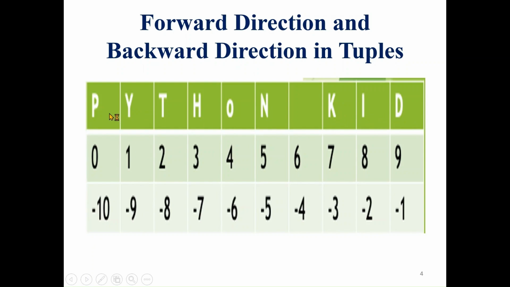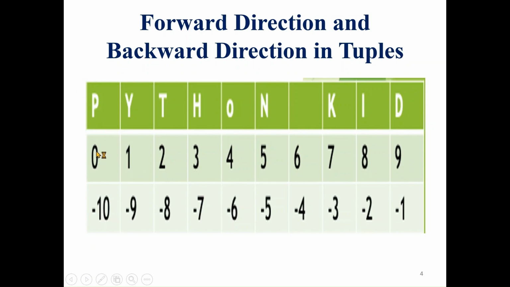I'm having some elements 1, 2, 3, 4, 5, 6. The space is also considered as an element, 7. So 6, 7, 8, 9, 10. So totally 10 elements are there. But since your index number starts from 0, it ends with n minus 1, that is 9 only. So on the whole, if you count, you get 10 elements.